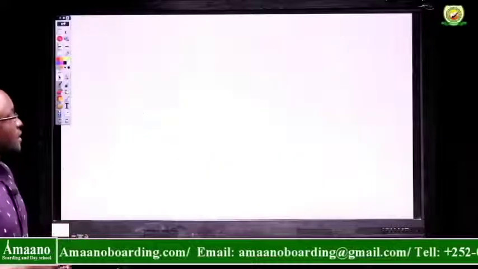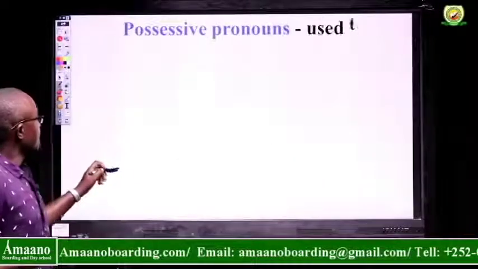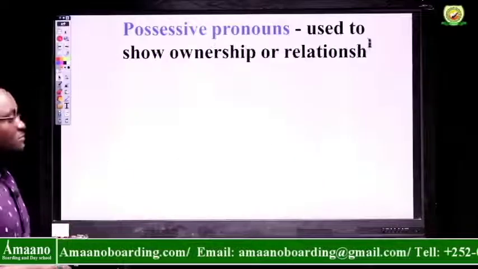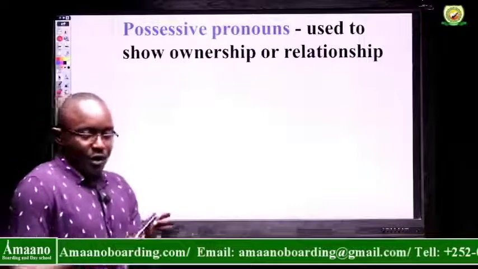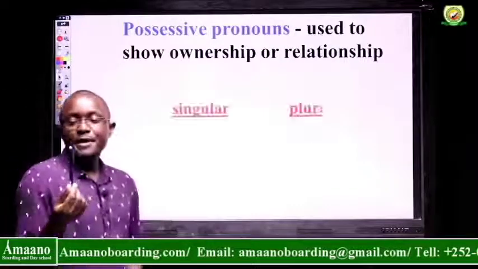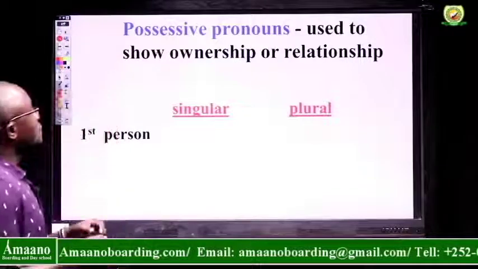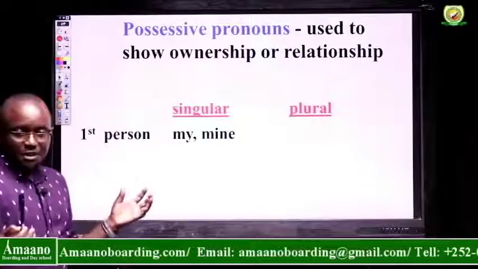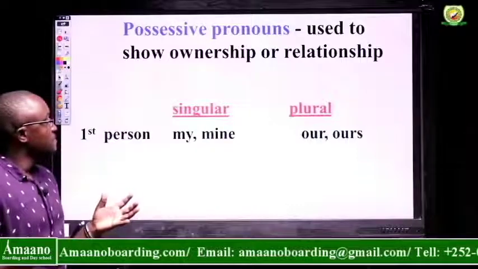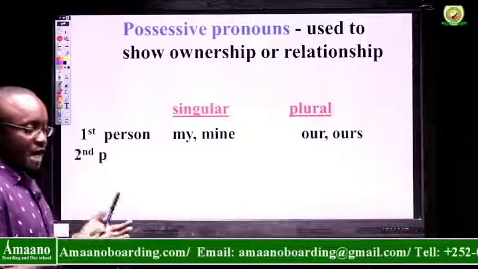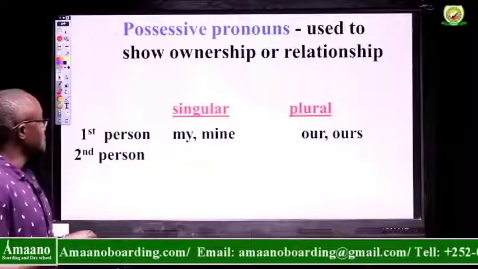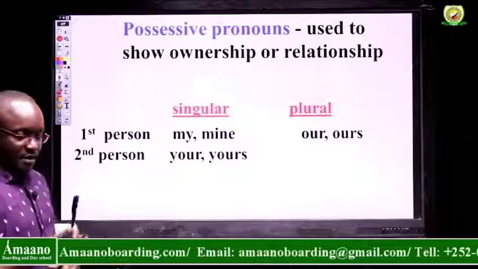Okay. Let's move to the next, possessive pronouns. You can look at these. My pen, I own it. They are used to talk about ownership or relationship between one noun and another. The first one, my, it is mine.